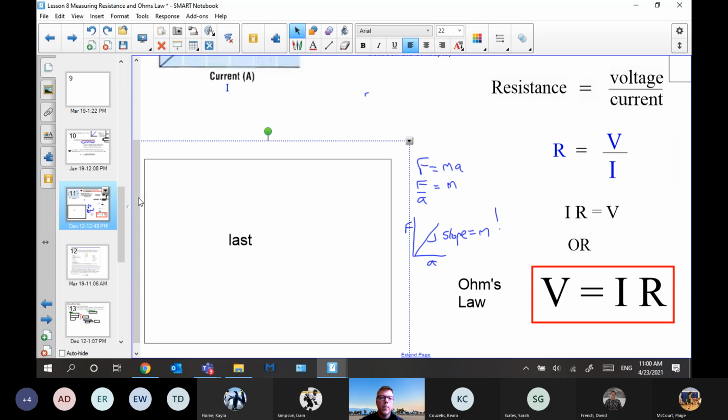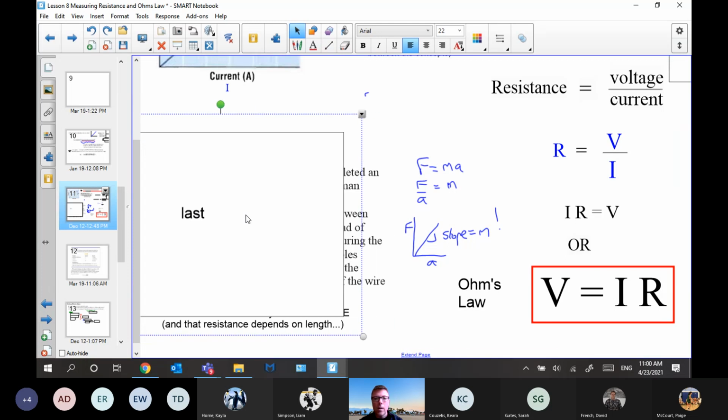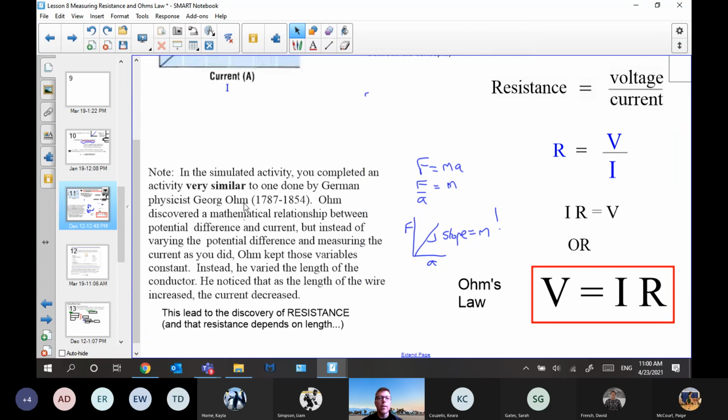Just right here, this last bit, a little bit of honesty: this is similar to what George Ohm did back in the late 17 or early 1800s. Instead of varying the potential difference and measuring the current as we did, Ohm kept those variables constant, and instead he varied the length of the conductor.